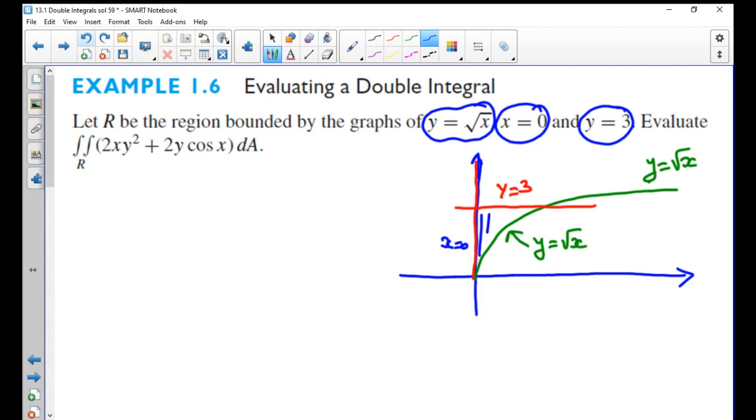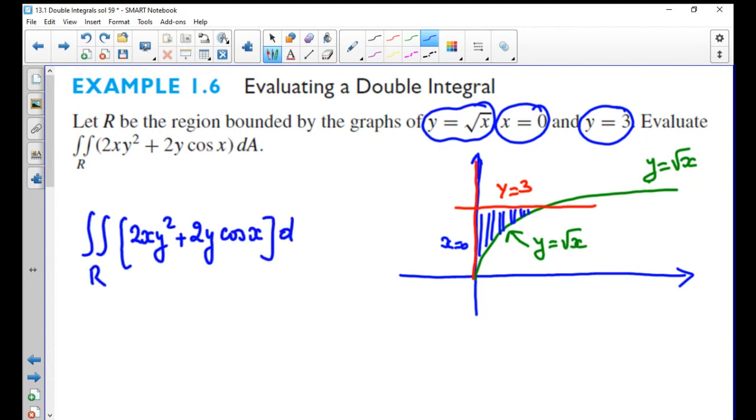So basically the region is this one. Now we can integrate. Now we want to find the integral of 2x y squared plus 2y cosine x dA.